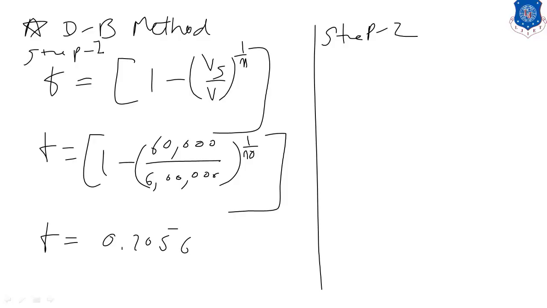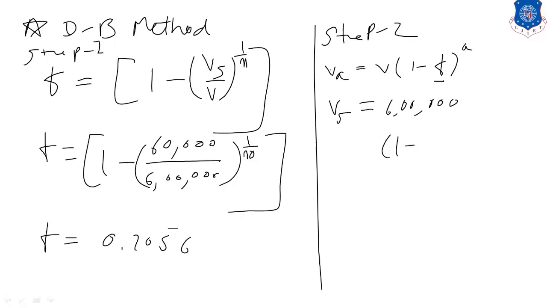The equation for the book value can be given by VA is equal to V times (1 minus F) whole raised to A. We are going to find out the value of that asset at the 5th year. That's why V5 is equal to 6 lakhs times (1 minus factor F, which is 0.2056) whole raised to A, which is 5.